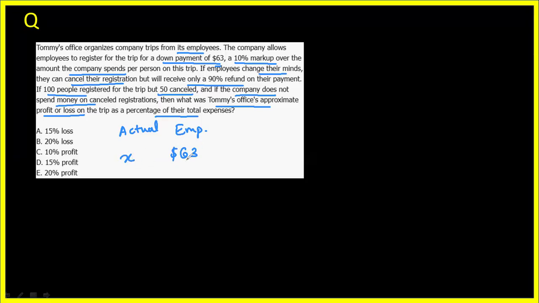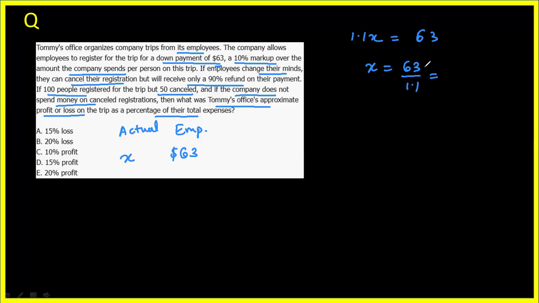The down payment which the employee is paying, that is $63, is 10% more than what the company is paying. So we can say 1.1x, 10% more than X, should be equal to $63. That's the relationship. That means X will be 63 divided by 1.1.